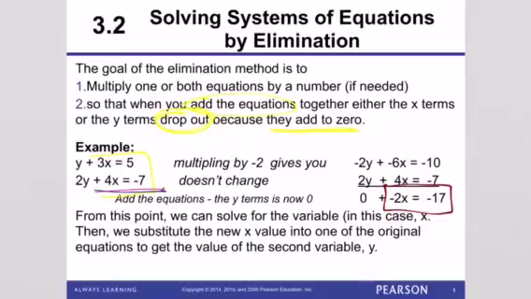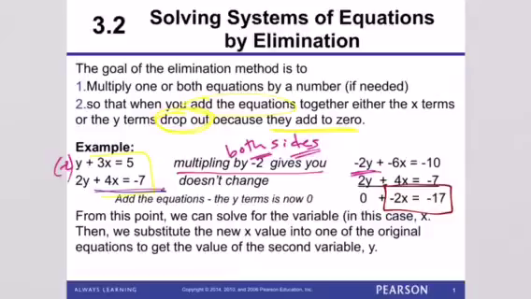So we are going to multiply both sides of the equation by negative 2. And a common mistake here is to not multiply both sides by negative 2. So you'll notice here we have 2 times y is negative 2 times y is negative 2y. Okay, so I'm multiplying by negative 2 right here.